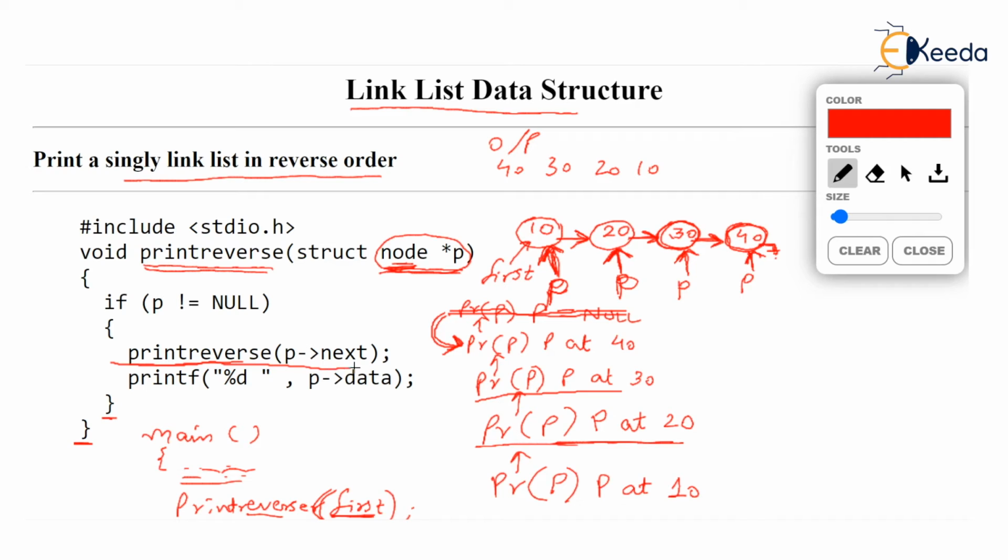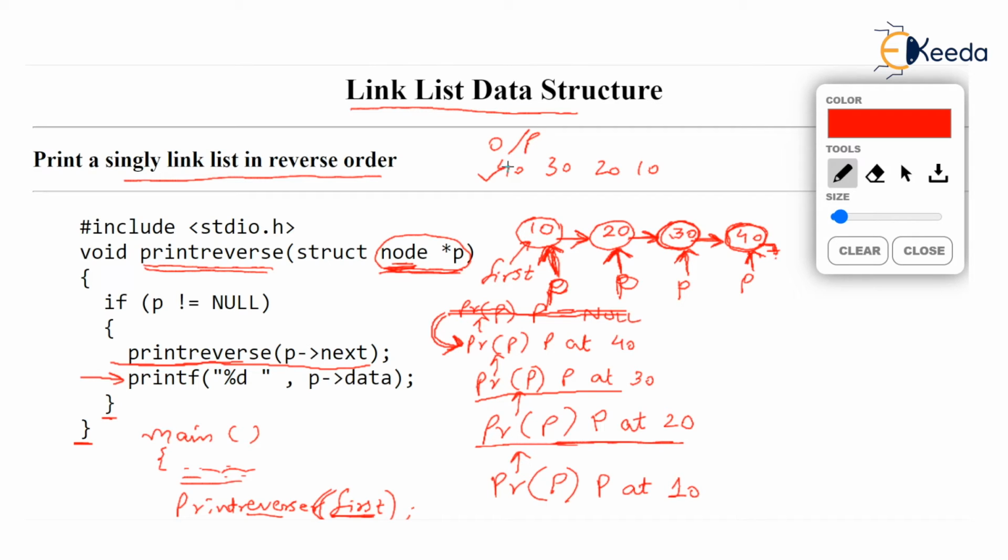So when the function resumes, obviously it will resume from the next line. The next line is printf. So it is about to print p arrow data, you watch. And p arrow data we are talking about here is 40 because p is at 40. So the first data printed in the output will be 40.